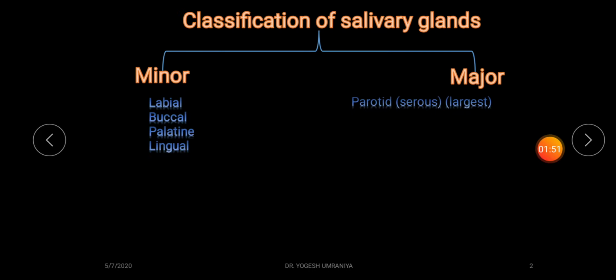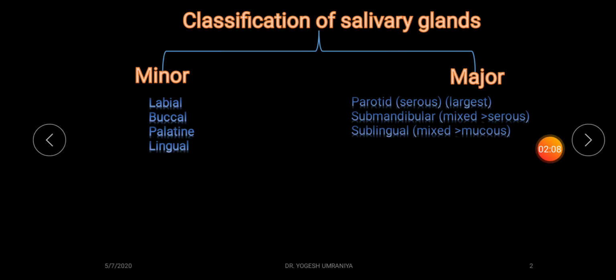Next one is the submandibular gland, and according to the secretion that is classified as a mixed gland, but here the serous component is more as compared to the mucus. Number three is the sublingual, which is again the mixed type of variety, but here the mucus component remains more as compared to the serous one.